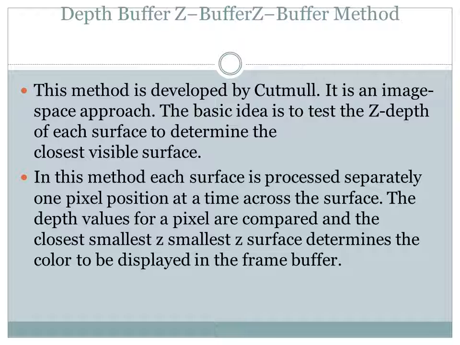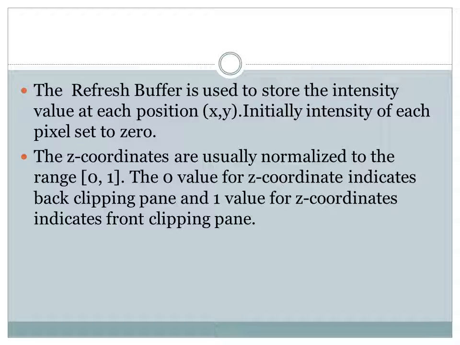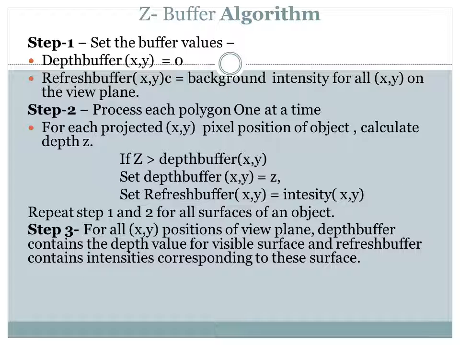This algorithm uses a depth buffer to store the depth value of each xy position, and a refresh buffer to store the intensity value of each pixel position. If we know the depth value of one pixel position, we can calculate the depth value of the pixel position horizontal or vertical to it.